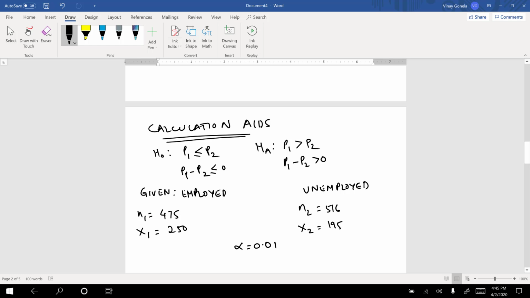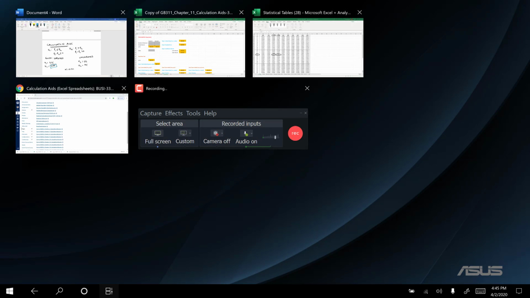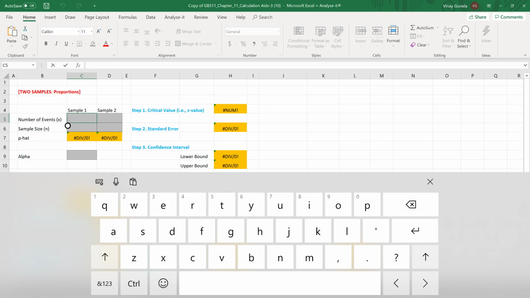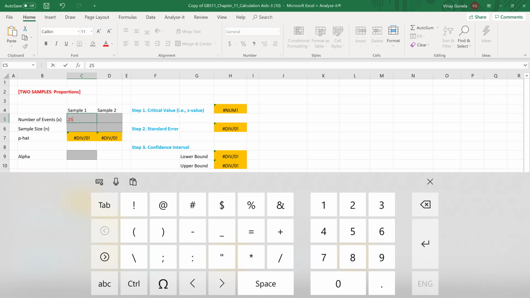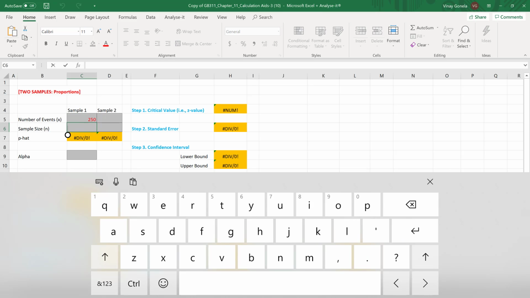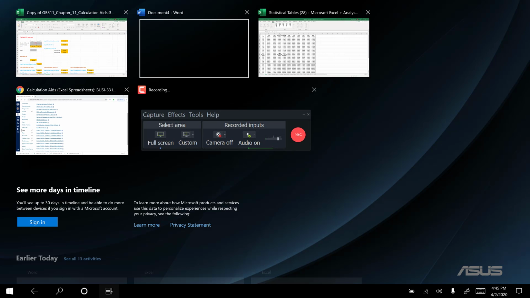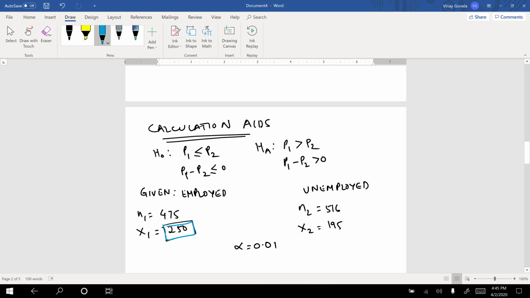For employed, x is 250, so I will type in 250 here, and then sample size is 475.